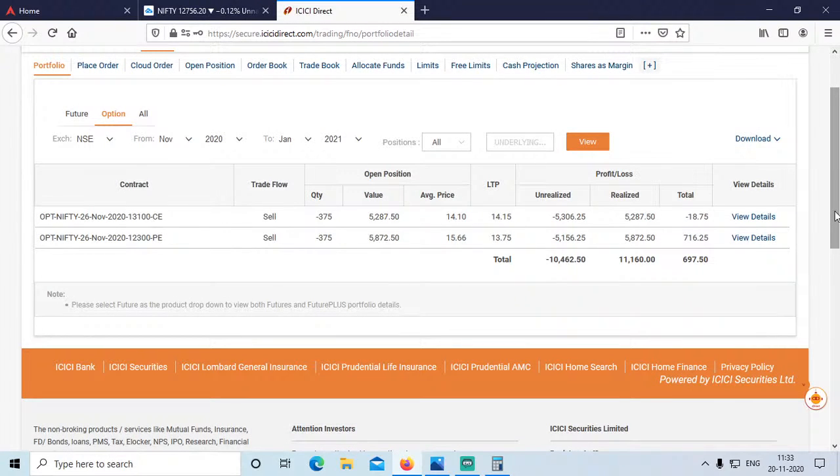So this strategy is very good on Friday, Monday, Tuesday and Wednesday. I don't want to execute this strategy on expiry day or on Thursday. Why? Because on Thursday there is a lot of risk.